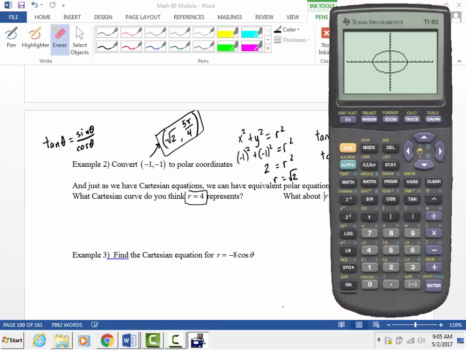All right, so look at this next one. Find the Cartesian equation for r equals negative 8 cosine theta. Does this look familiar to anything we've done lately?